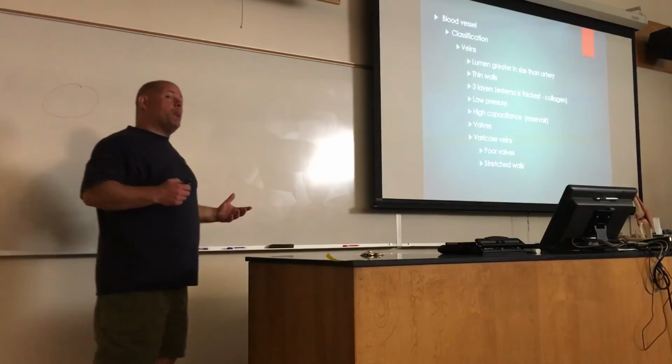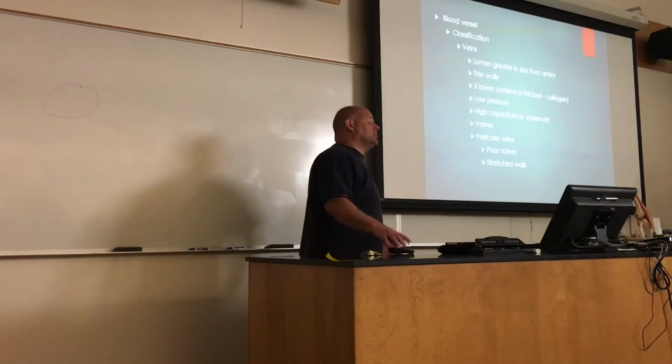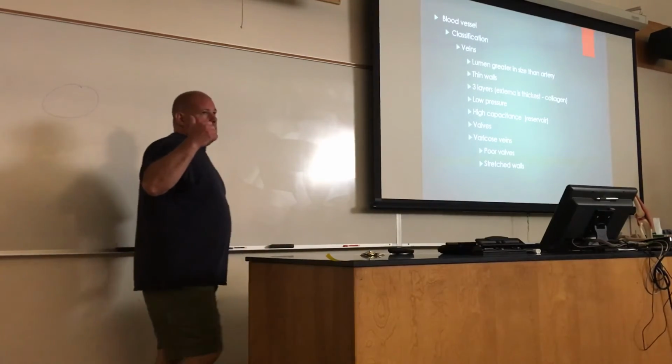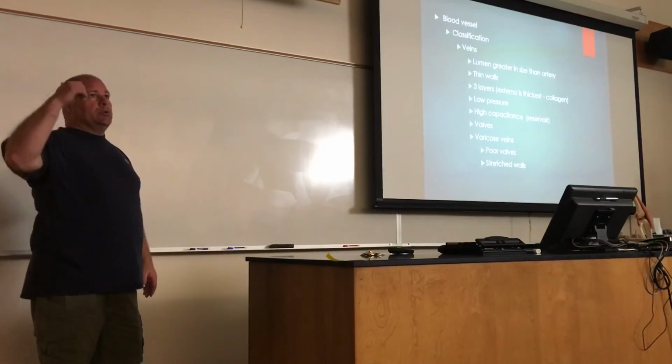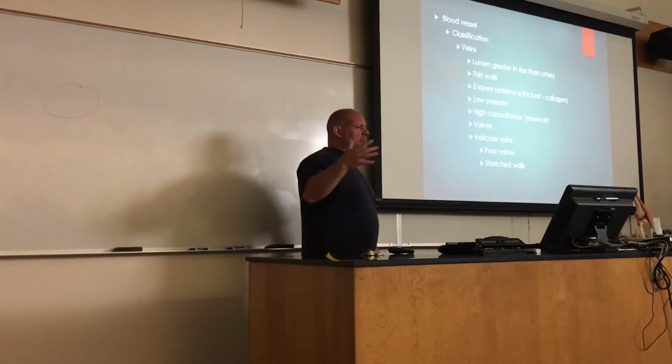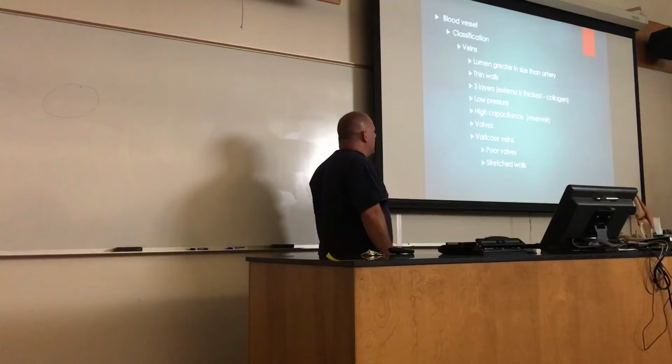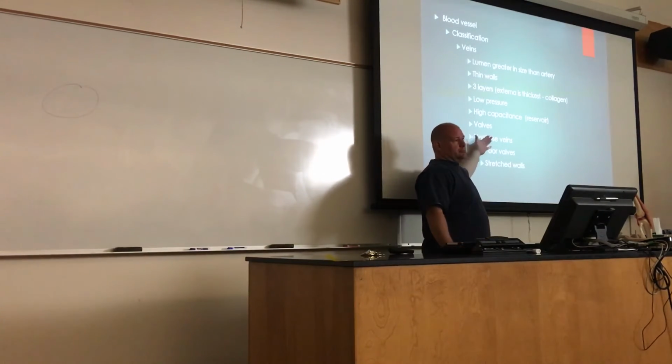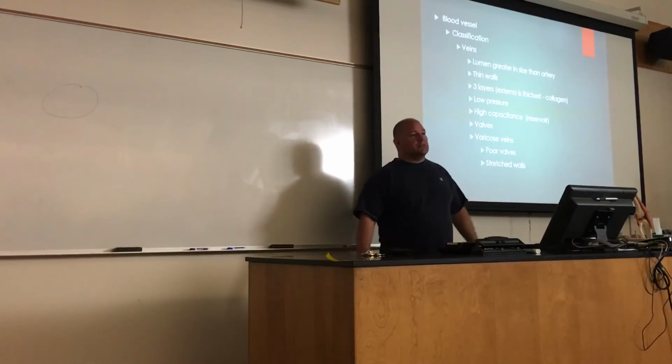Now these things can become what's referred to as incompetent. Remember that when we talked about incompetent valves in the heart, we talked about our tricuspid valve, we talked about our mitral valve. Both semilunar valves could also potentially become incompetent. Here, the valves no longer work, and that's when you see varicose veins.